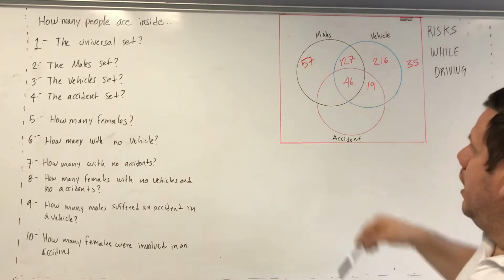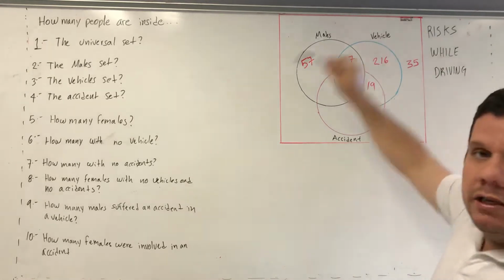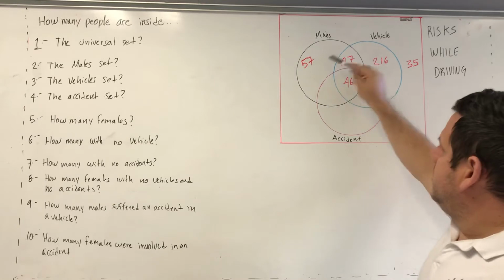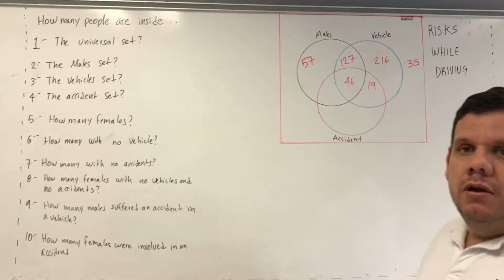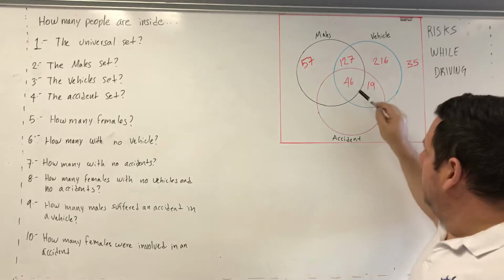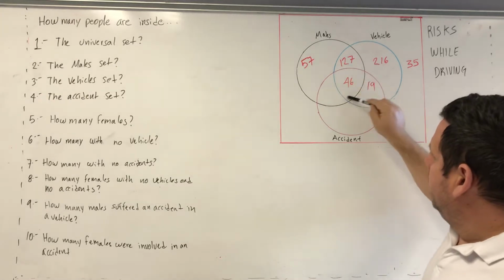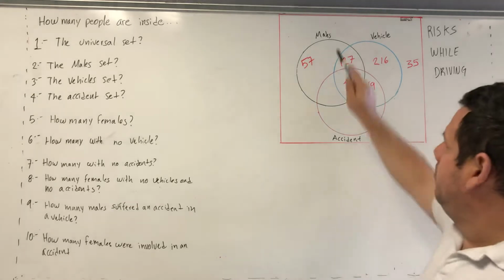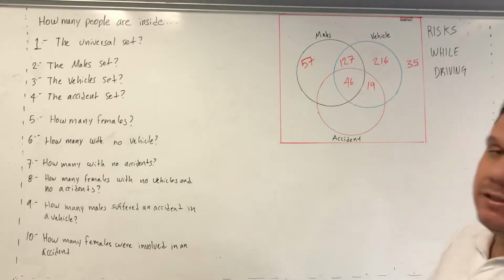The entire set is called the universal set. When all the sets overlap, this area we call the intersection. It's the intersection for the sets males, vehicle, and accident.